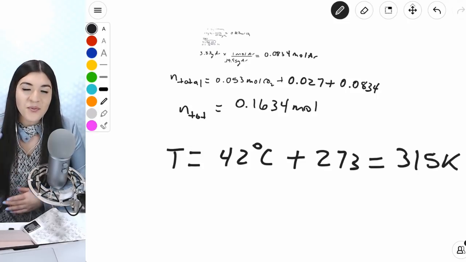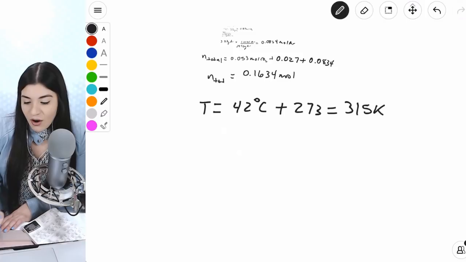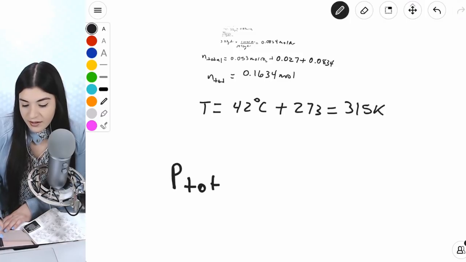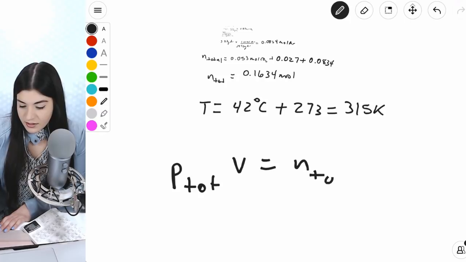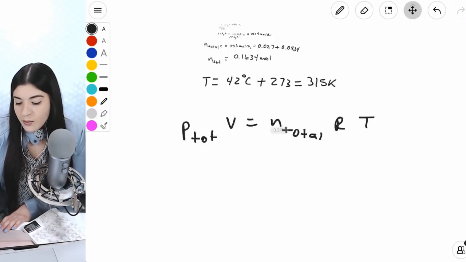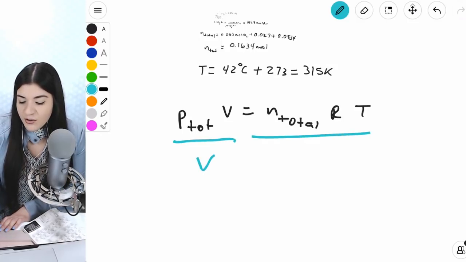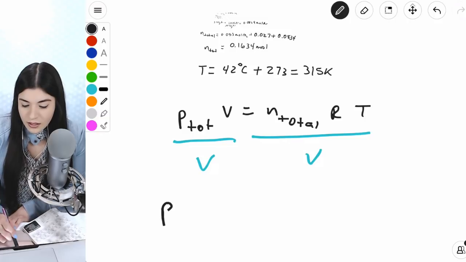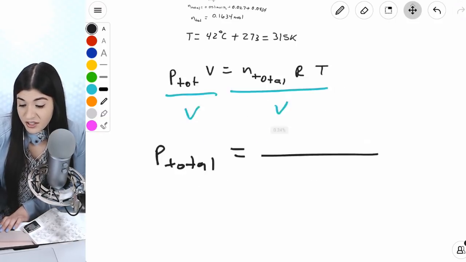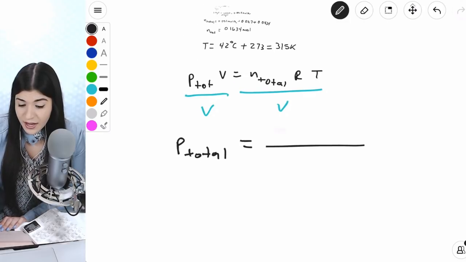Okay, now what we'll do is we'll plug everything in to our ideal gas law, but this version of our ideal gas law in here. This is our total, our gas constant, and our temperature. And what I'm going to do, I'm just going to actually change this formula just a tad and divide over that volume so we can solve just for our total pressure and then really just plug in. So at this point, I'm just going to plug everything in.